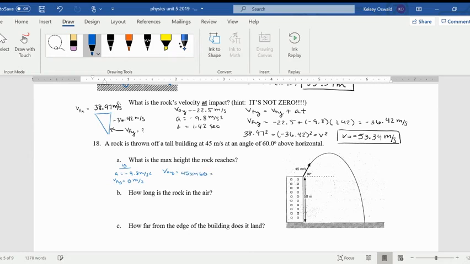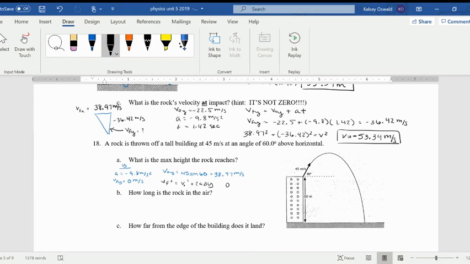So we can use sine to find that initial vertical component to be 38.97 meters per second. Okay, so here if we want to find that maximum height, knowing our final velocity, initial velocity, and acceleration, we can use the equation that our final velocity squared is equal to our initial velocity squared plus 2 times our acceleration times delta y.